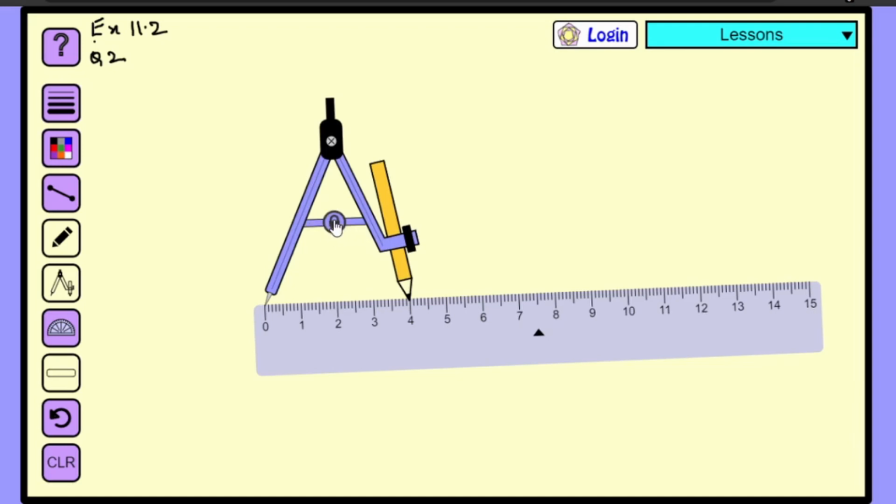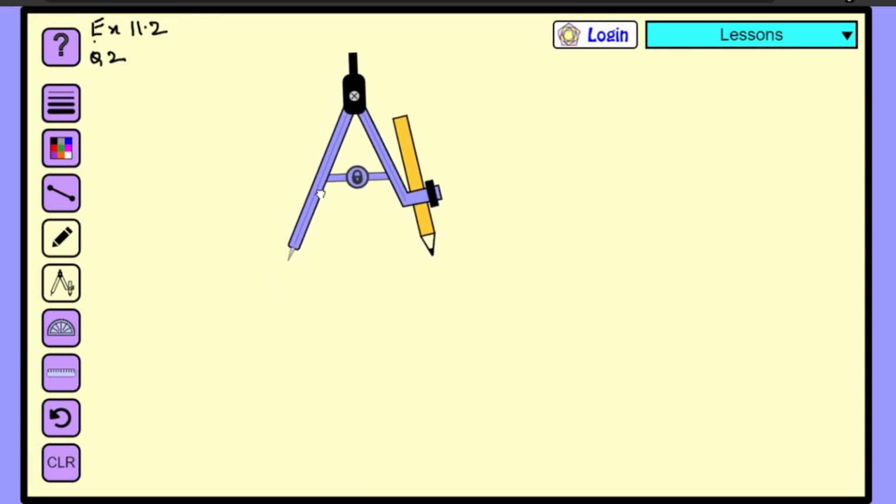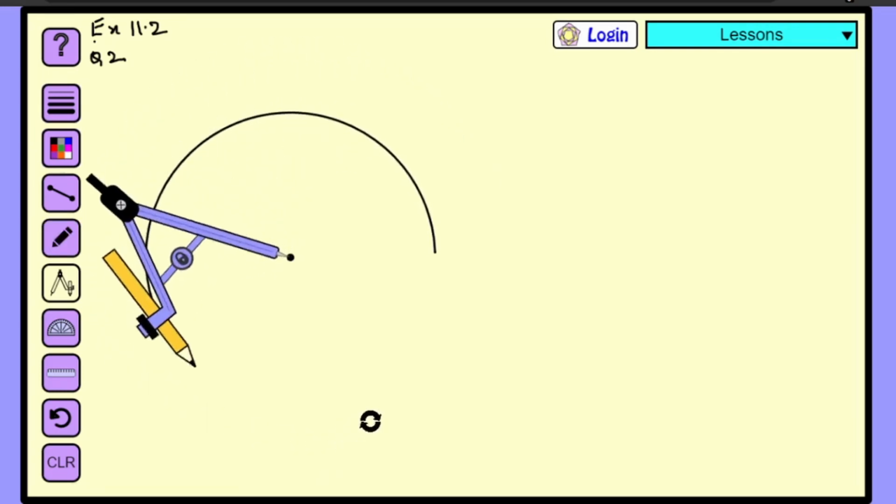Here I am going to construct a circle of radius 4 centimeters.